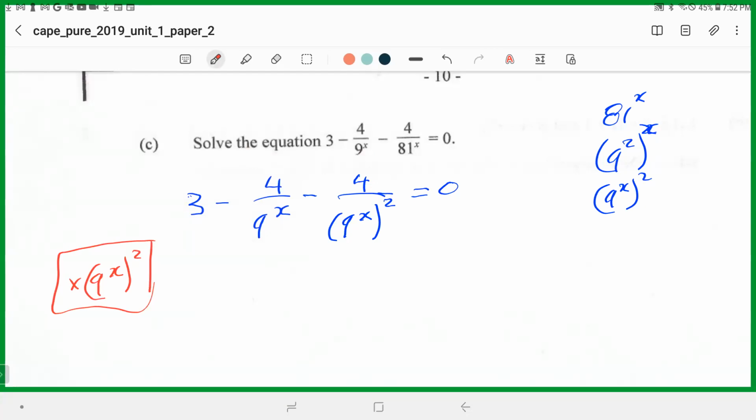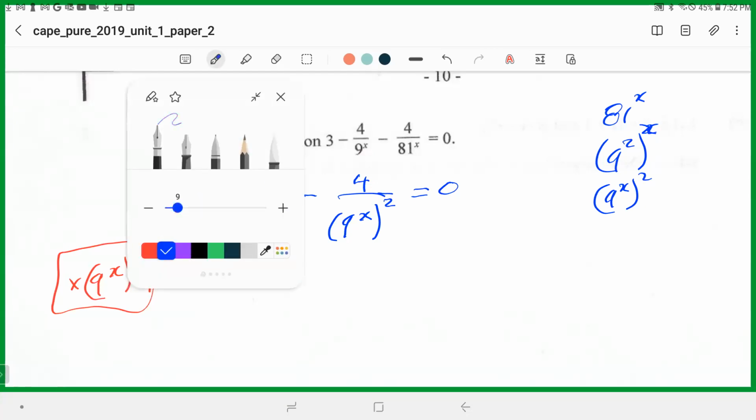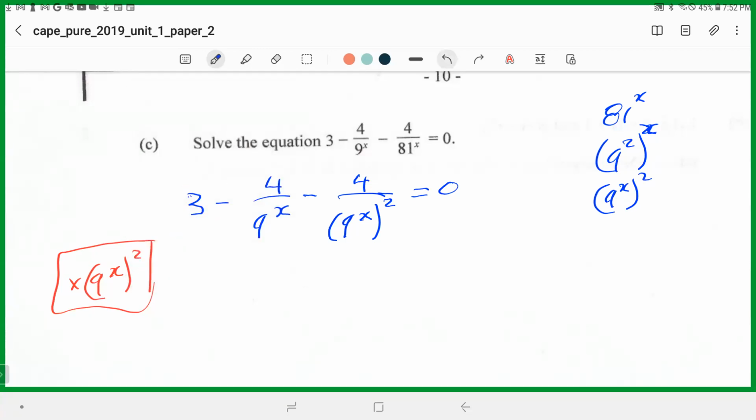When I multiply by 9 to the x all squared, this becomes 3 times 9 to the x all squared. This becomes 4 times 9 to the x alone. And this becomes minus 4 equals 0. See that? The quadratic.